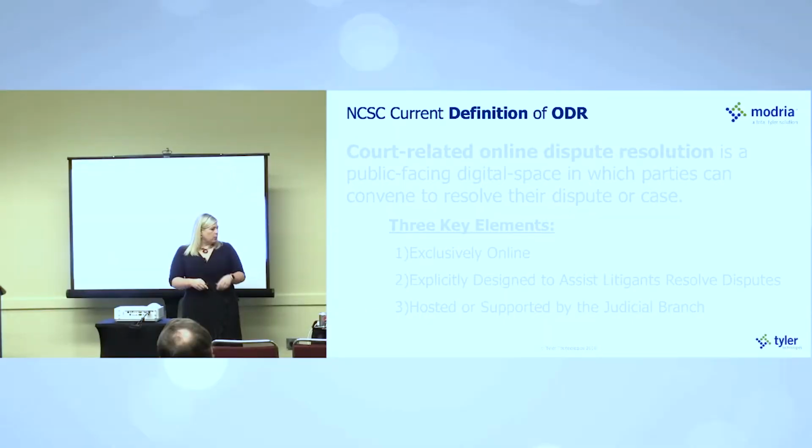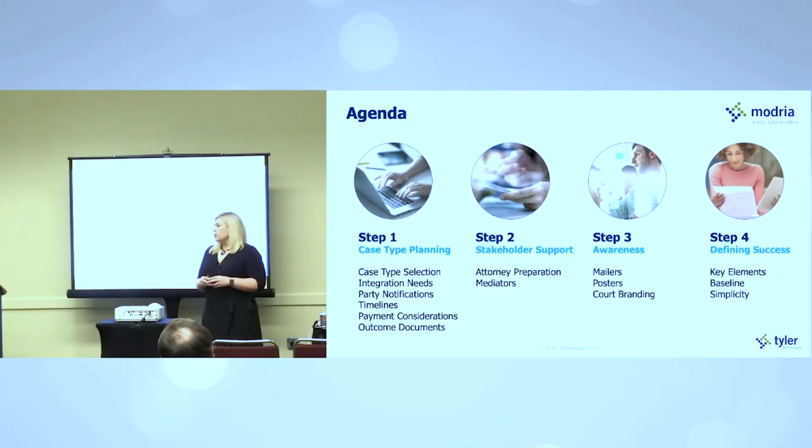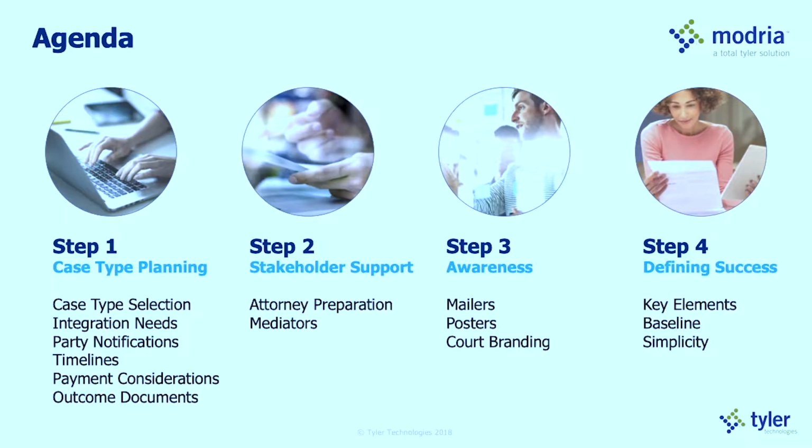So what we are going to talk about real quick is 4 steps. We'll do case type planning and the different components about the case type and how we want to think through those. Then we'll talk a little bit about your stakeholders and what information you need to start thinking about and talking to your stakeholders about.